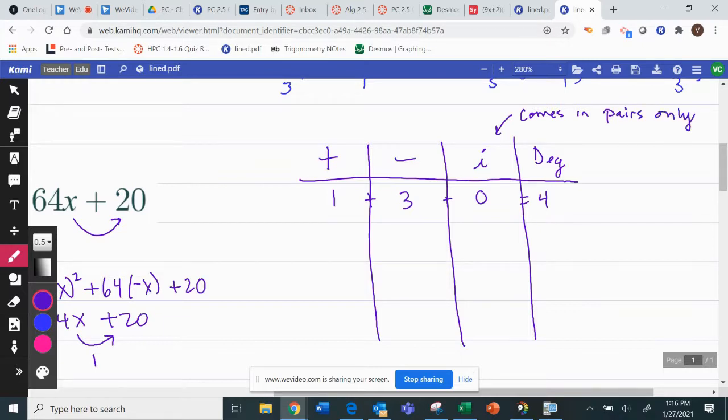You said one's positive and one's negative. Is that what you said? You got 1, yeah, 2 imaginary. You have 1 positive, 1 negative, and 2 imaginary.